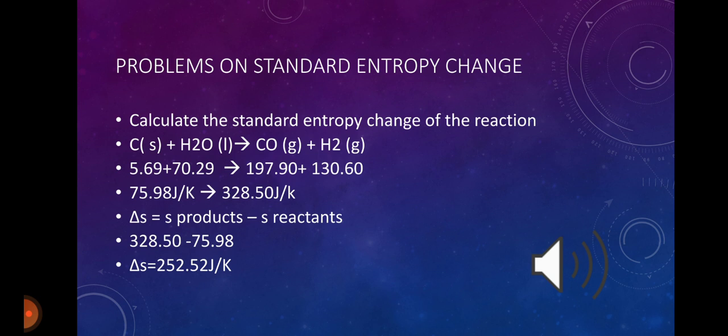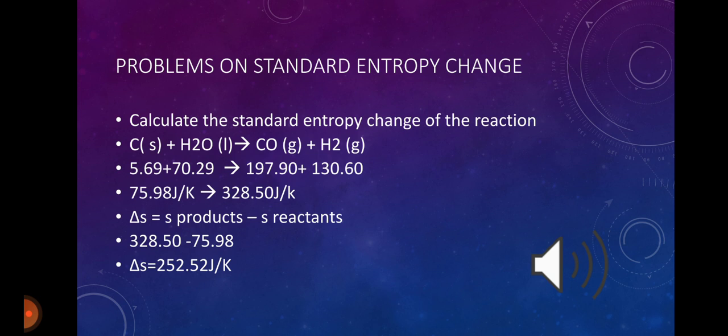And by adding the reactant side entropies, we will get 75.98 joule per Kelvin, and in the product side, the standard entropies by adding we will get 328.50 joule per Kelvin. Now, what is the formula to calculate the standard entropy change for the reaction? The change in standard entropy, that is delta S, is equal to standard entropy of product minus standard entropy of the reactant.